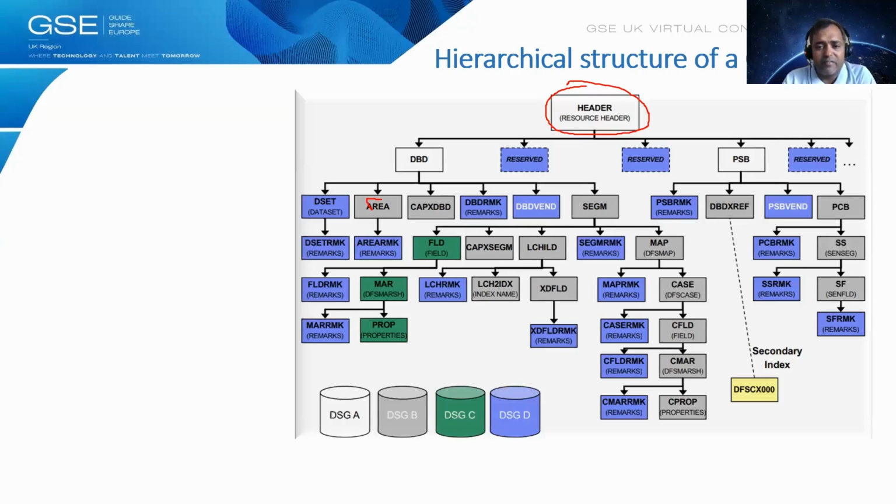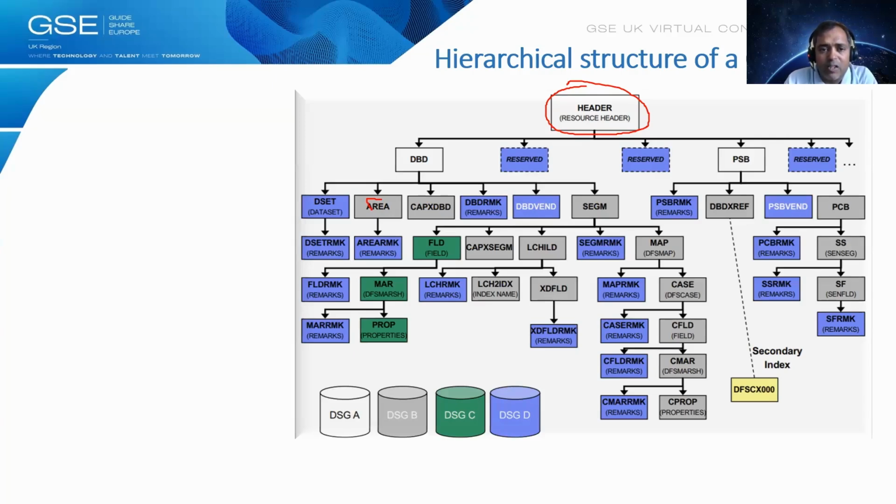Another important thing which we can notice here is that these are all color coded, and when we say color coded, it means that all the segments of a specific color, let's say this white color segment, right? They all are grouped together into a data set group, DSG.